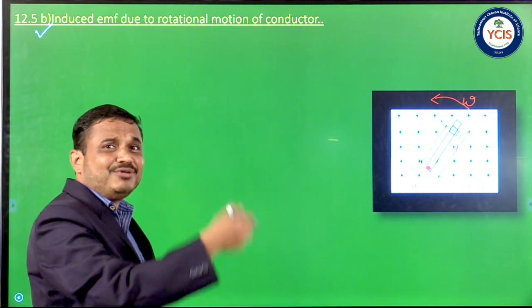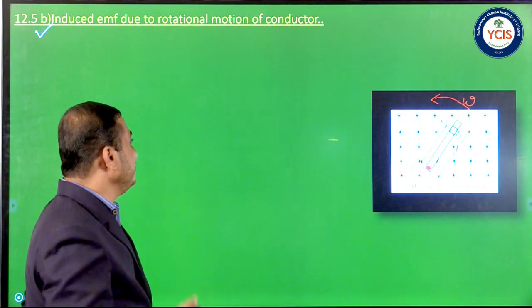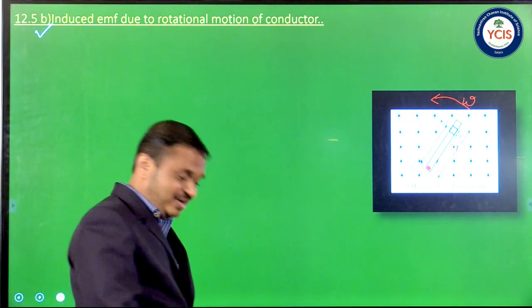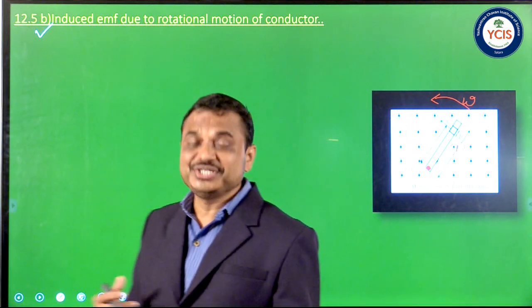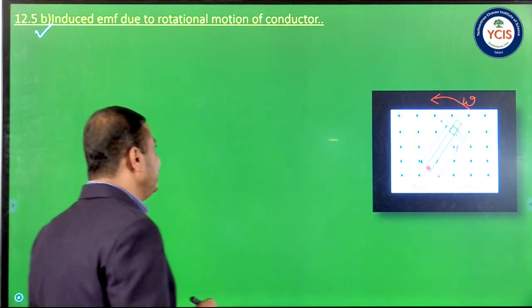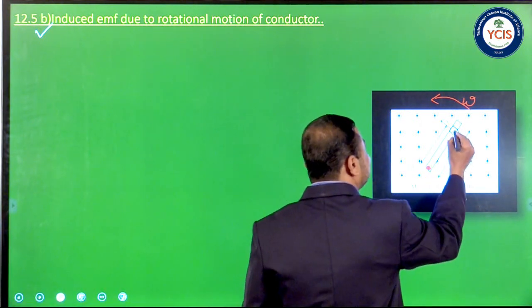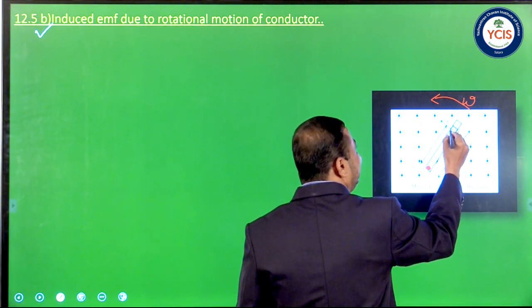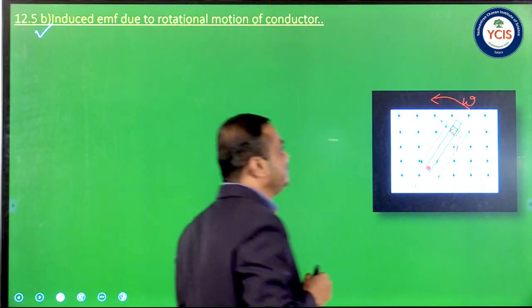Then there will be a change in magnetic flux due to the motion of the conductor, and we have to derive the expression for the induced EMF due to the rotational motion of a conductor. Now divide this conductor into smaller segments. Let us consider a small element dr at a distance r from the pivot.